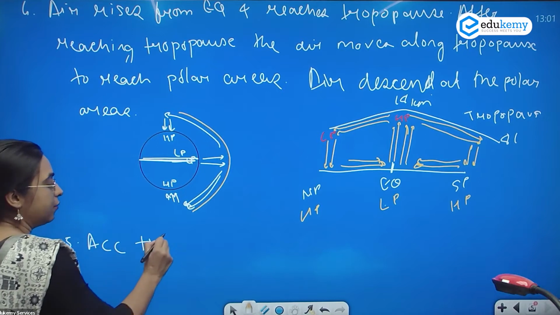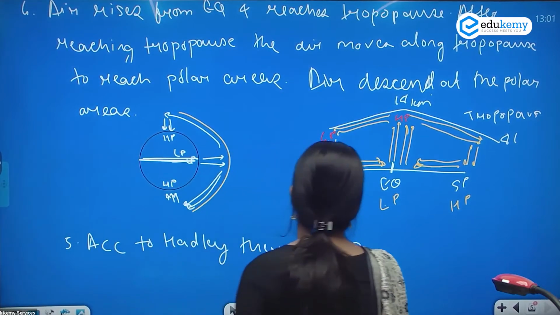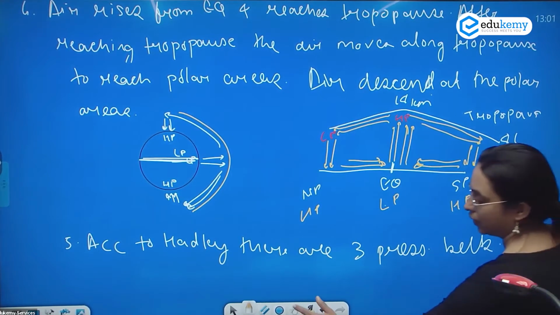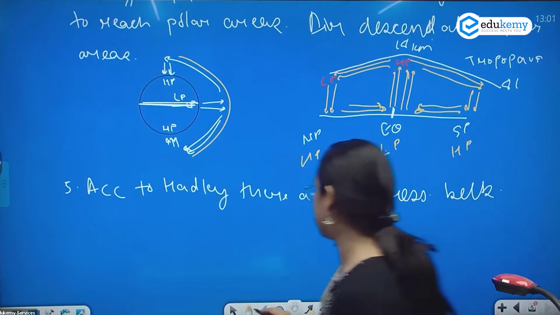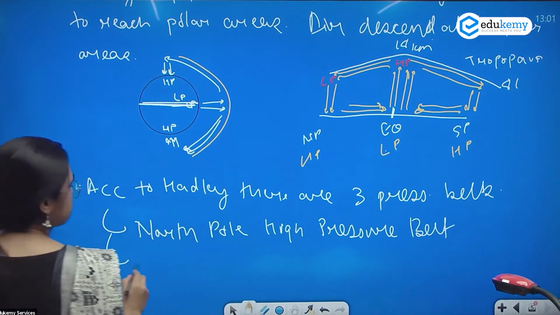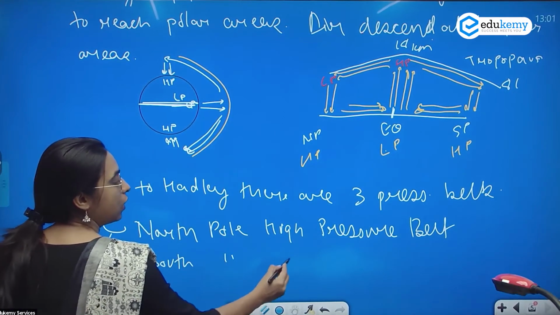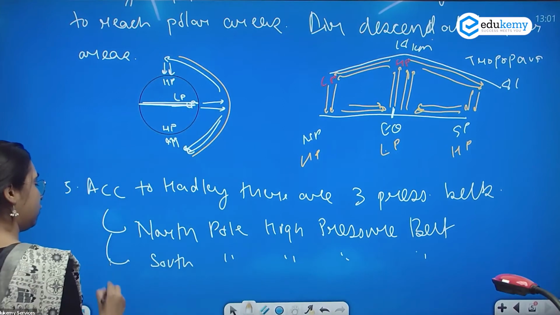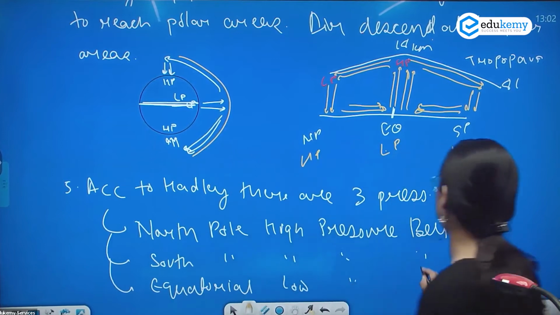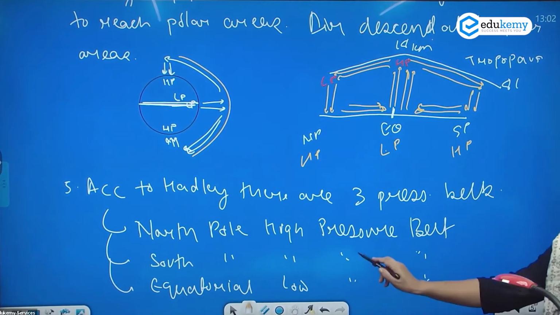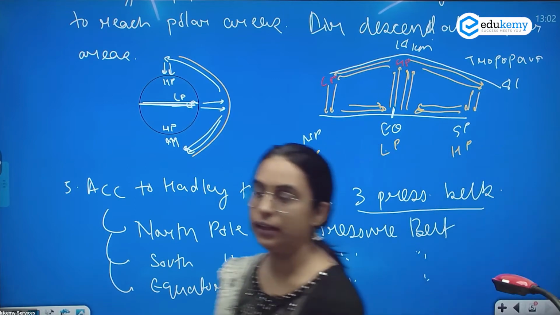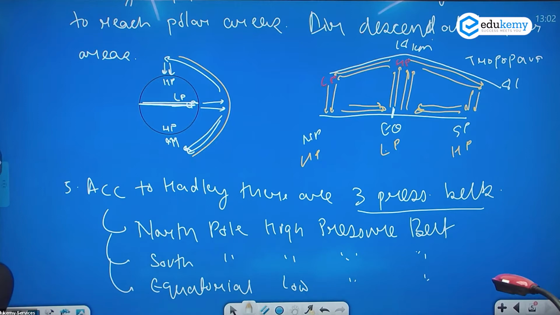According to Hadley, there are three pressure belts: the North Pole high pressure belt, the South Pole high pressure belt, and the equatorial low pressure belt.